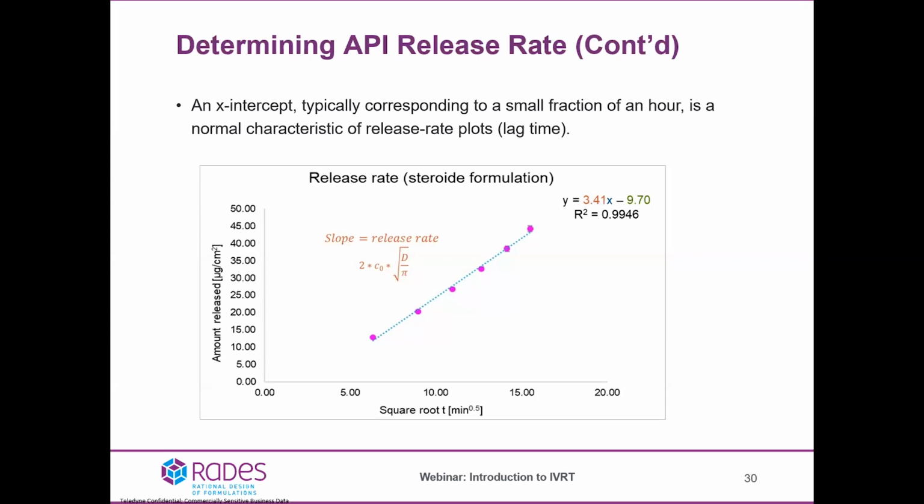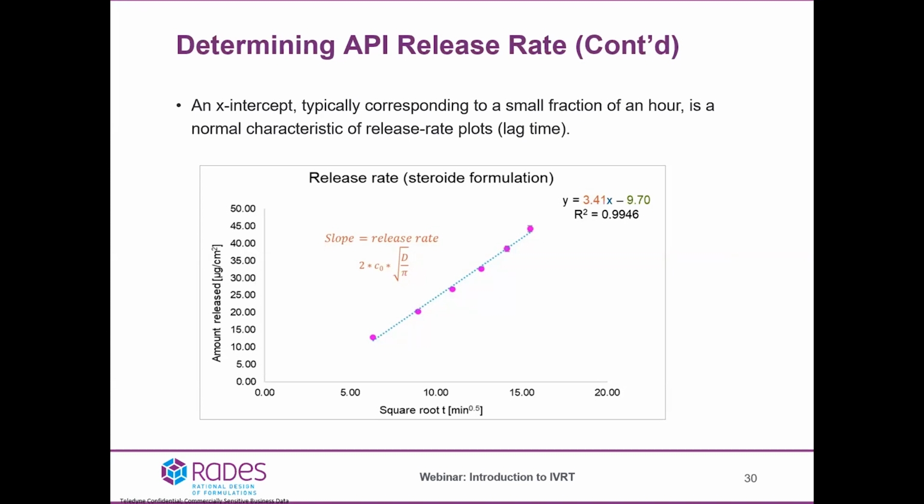At least 5 time points, for example, 0.5, 1, 2, 4, and 6 hours, according to the IUPAC SS guideline, should be taken for analysis. But it depends on the formulation, and from my point of view, more points are recommended, especially for initial experiments.